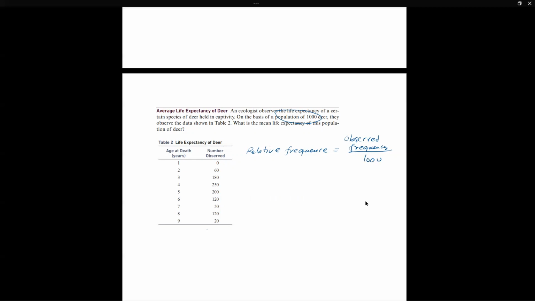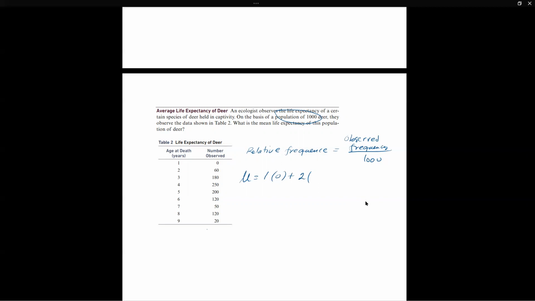So the mean here is one times this one is just 0. So for 2, if we do this, so let's do these calculations.